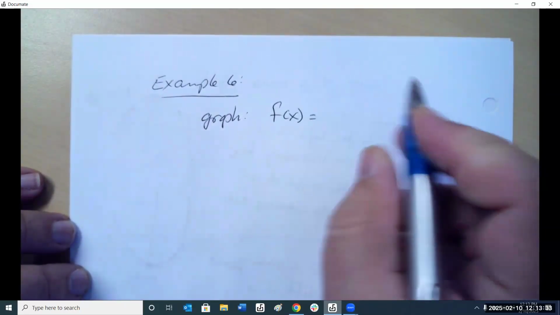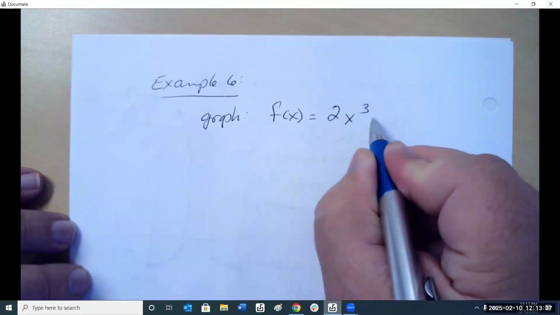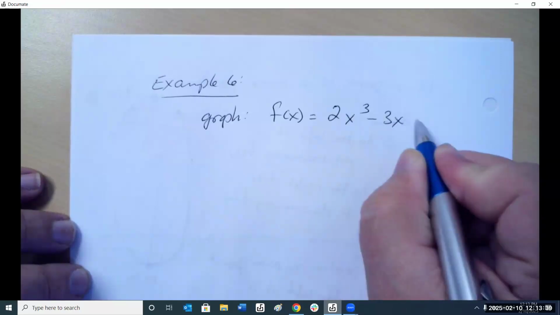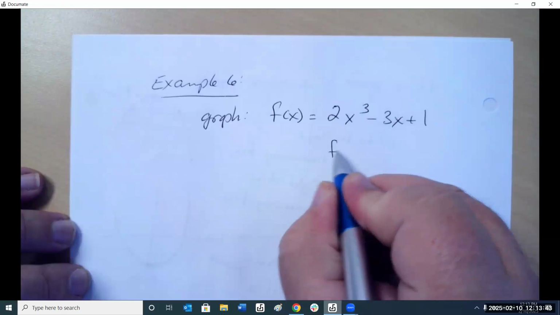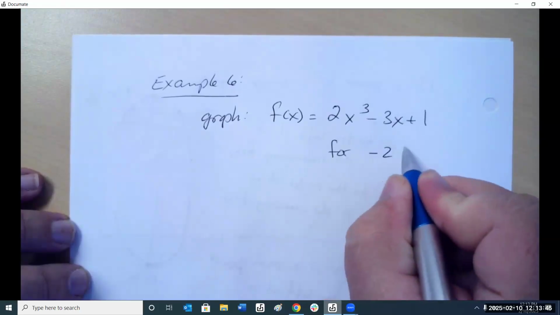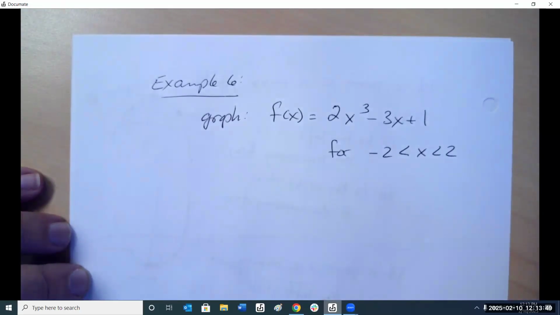F of x equals 2x cubed minus 3x plus 1 for -2 to 2. And approximate if there's any local maxima or minima.